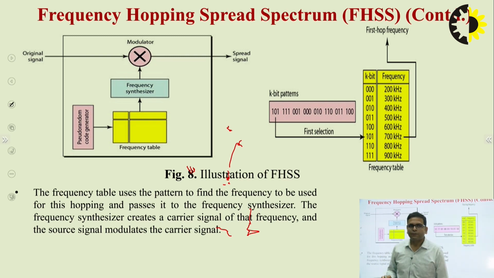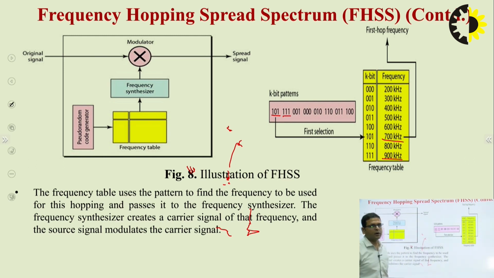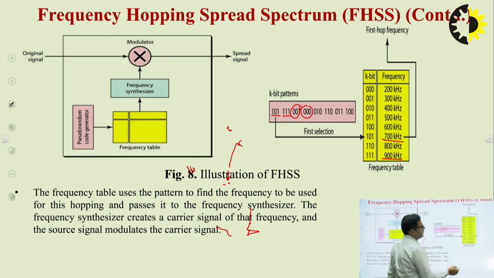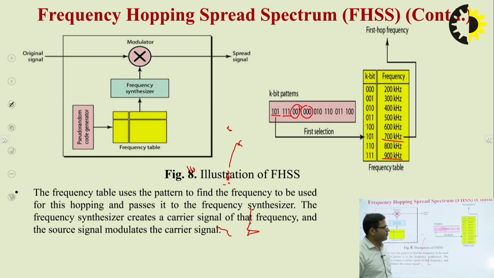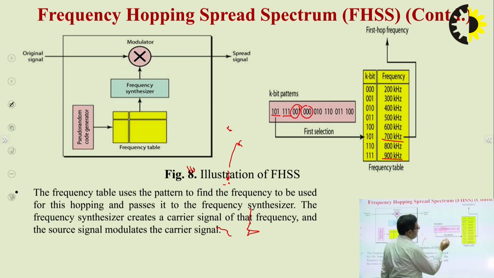For example, as shown in this table, for 101 the carrier frequency is 700 kilohertz, but for 111 the carrier frequency is 900 kilohertz. So for each of these bit sequences, the frequency table has a different carrier frequency, and according to the value of these PN sequences, the carrier is selected and this carrier is modulated by the baseband signal.